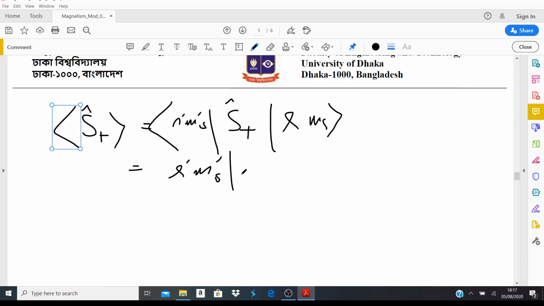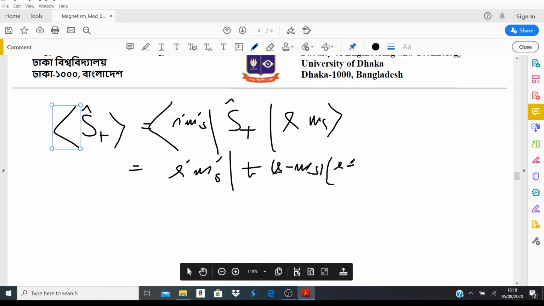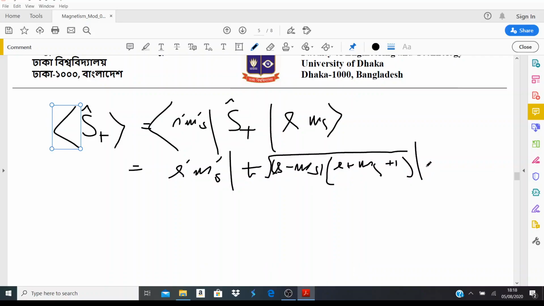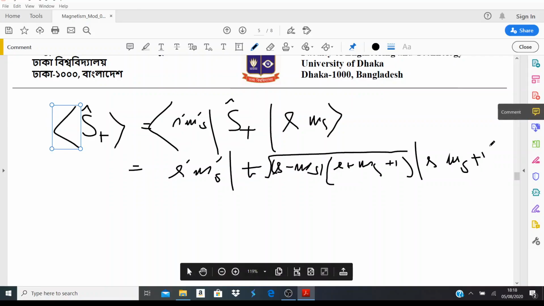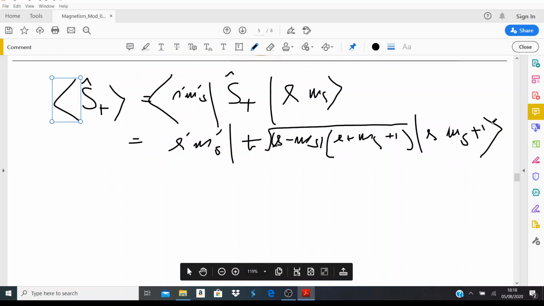So S plus will give you h bar times the square root of S minus mS times S plus mS plus 1, and then the state itself, where mS is increased by step 1.